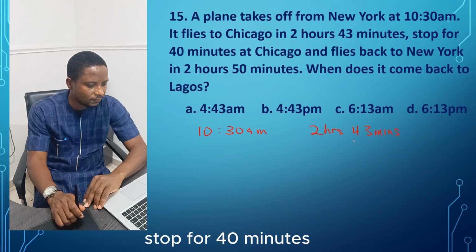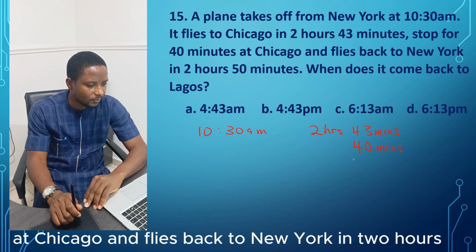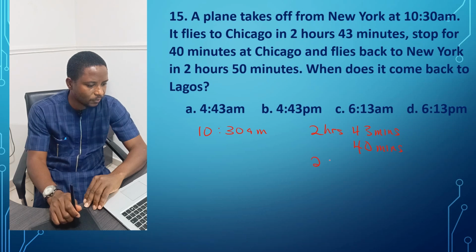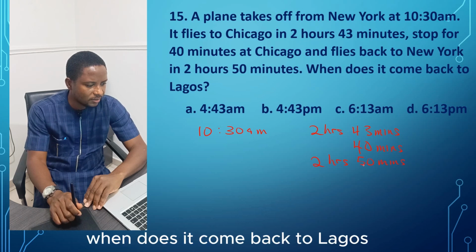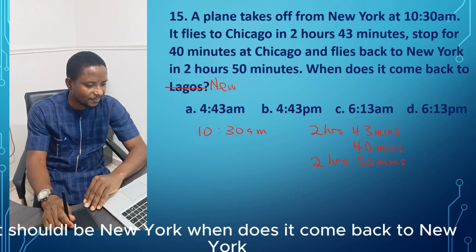Stop for 40 minutes at Chicago and fly back to New York in 2 hours, 50 minutes. When does it come back to New York?